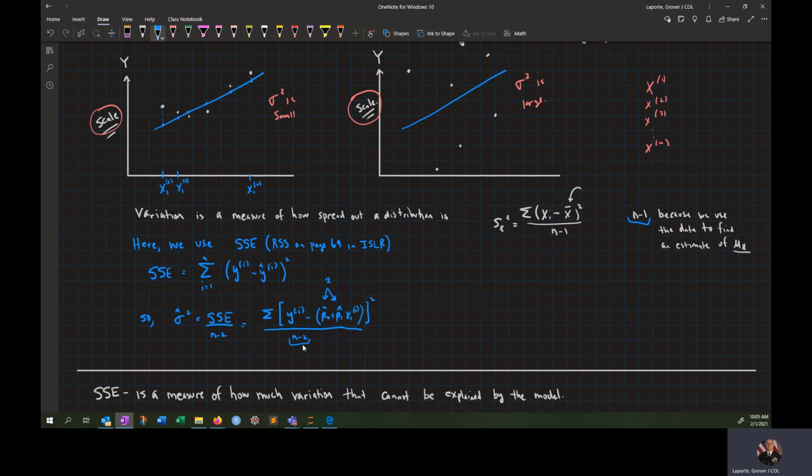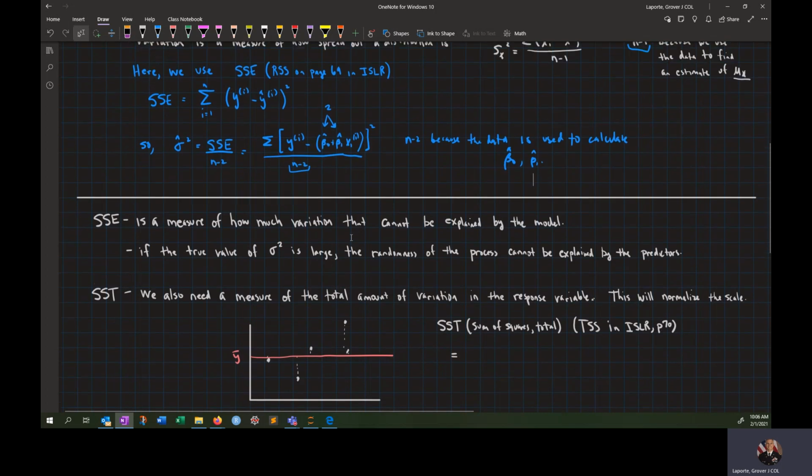So we have n minus 2 degrees of freedom, n being the number of data points that we have. Okay, just wanted to make sure that you got that. So I can write it out here just so you have it. Because the data is used to calculate beta 0 hat and beta 1 hat. Okay, so we got that going for us.